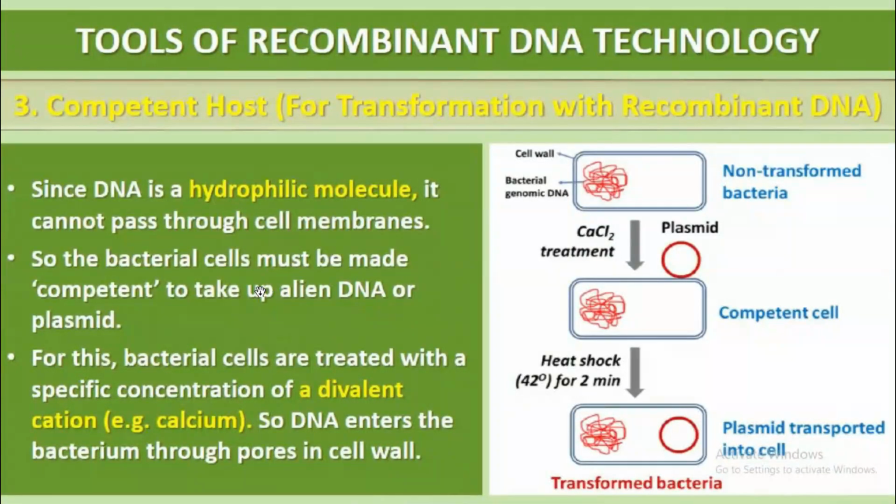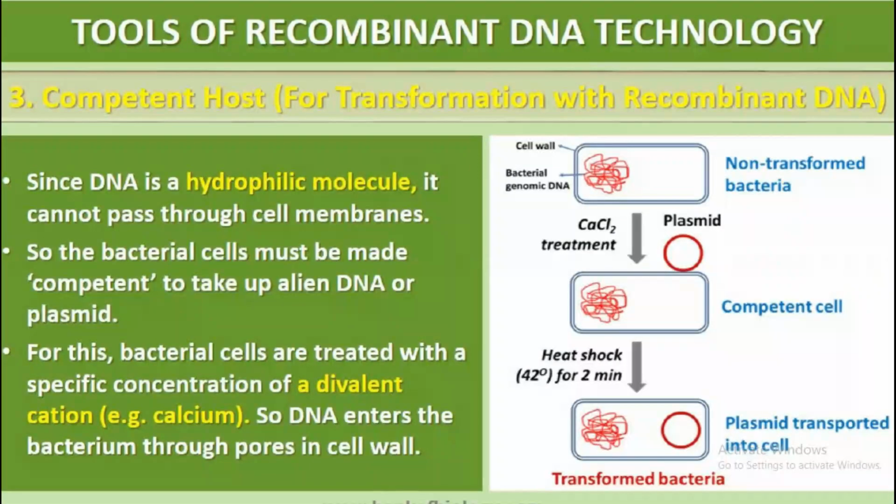The third tool is the competent host. For recombinant DNA technology, a competent host is needed for transformation with the recombinant DNA. See, DNA is a hydrophilic molecule. It cannot pass through the cell membrane of the bacteria. So the bacterial cell must be made competent to take up a linked DNA or that plasmid.